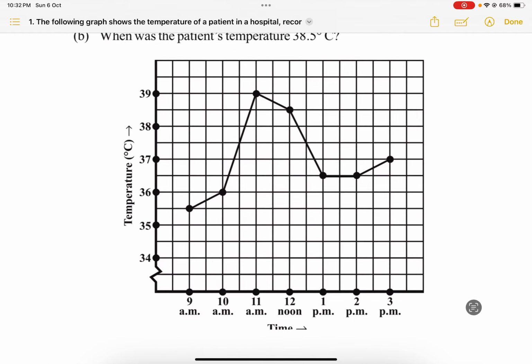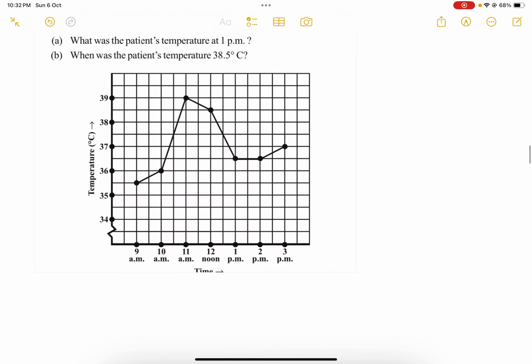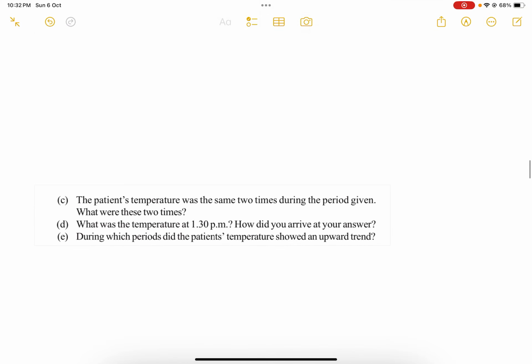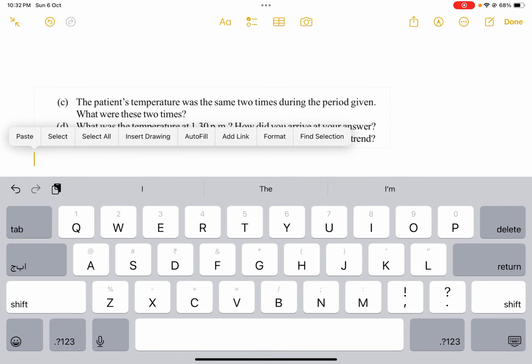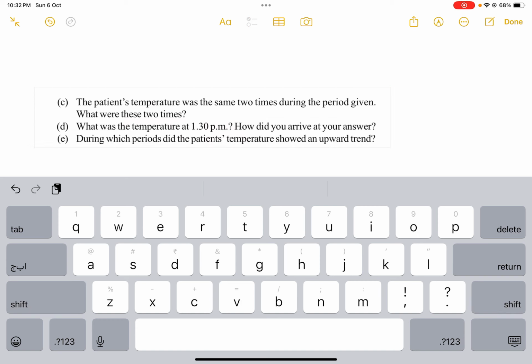So the next question is, what was the patient's temperature at 1:30 p.m.? Next, during which periods did the patient's temperature show an upward trend? What do you mean by upward trend here? Let us see that one now.